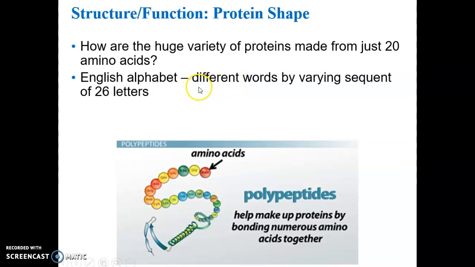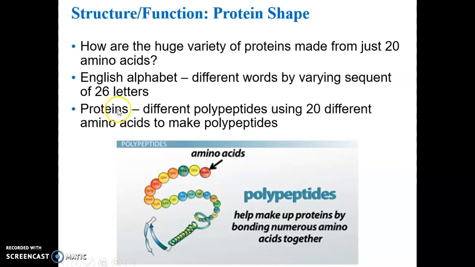The word different is D, then I, then F, etc., and that makes the word different. Well, the 20 different amino acids, depending on how they're linked together in the appropriate sequence for the particular protein, will determine 1, the structure, and then 2, the function of that protein.